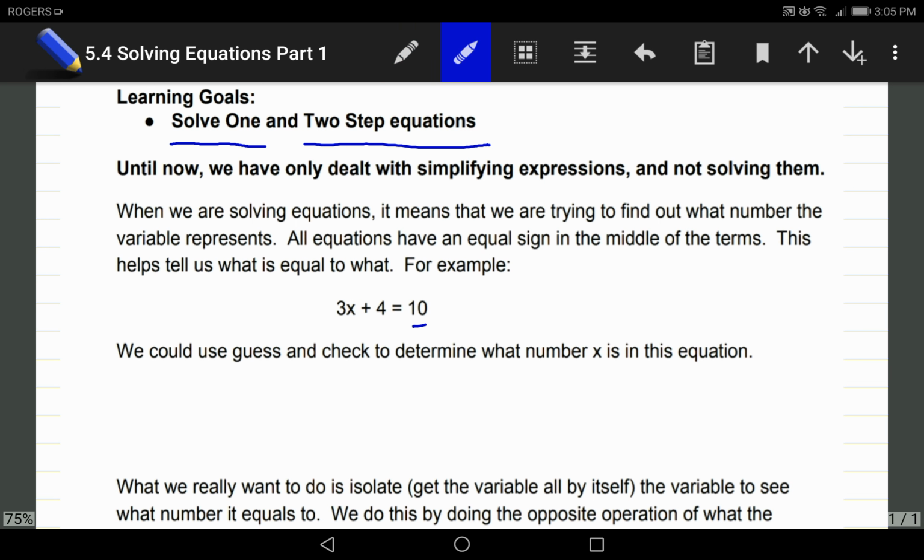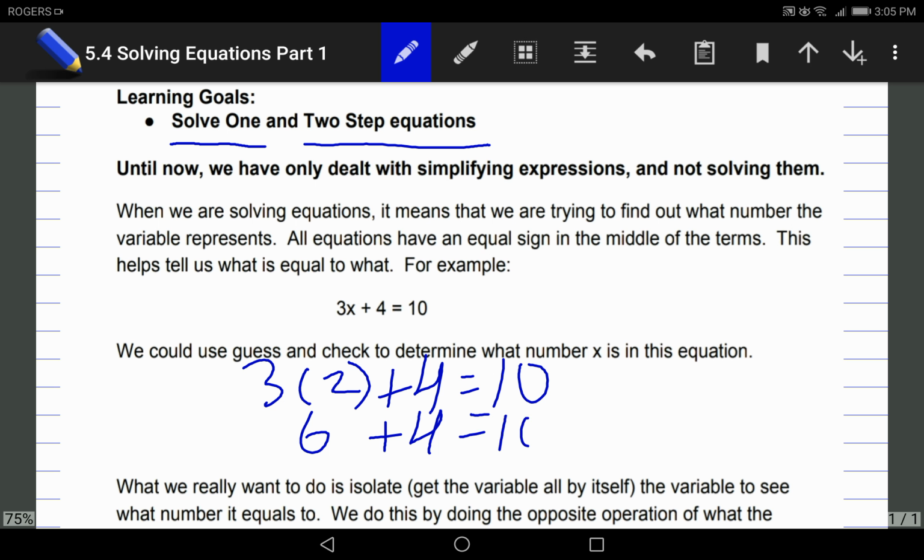It has to be balanced. You have to figure out what x value will make the left side equal to the right side. Hopefully you see that if x was 2, 3 times 2 plus 4 would equal 10, right? Because 3 times 2 is 6, and 6 plus 4 is 10, and 10 equals 10.